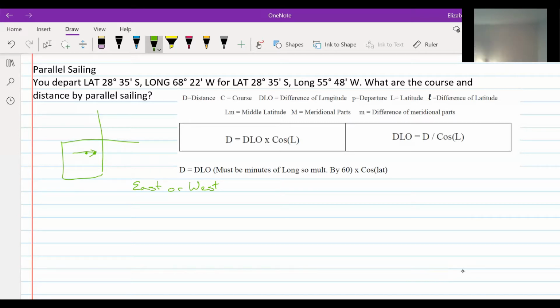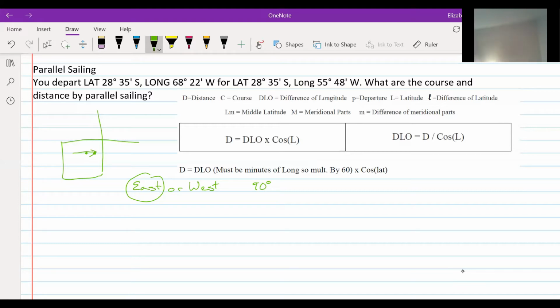So in this case, we are going east, because we have started here and we are going this way, same direction as the arrow. So our course is easterly or 90 degrees. Either is acceptable.